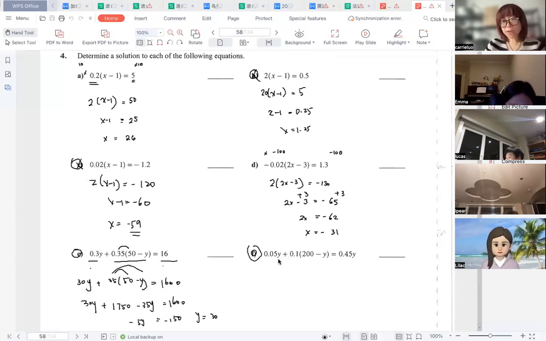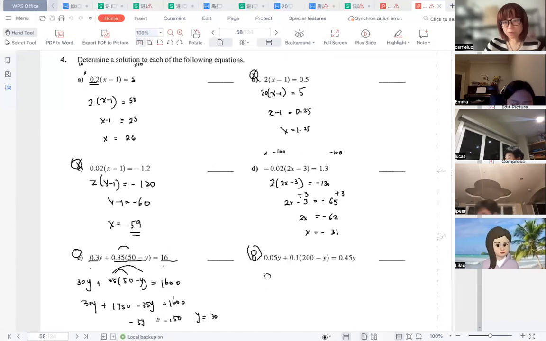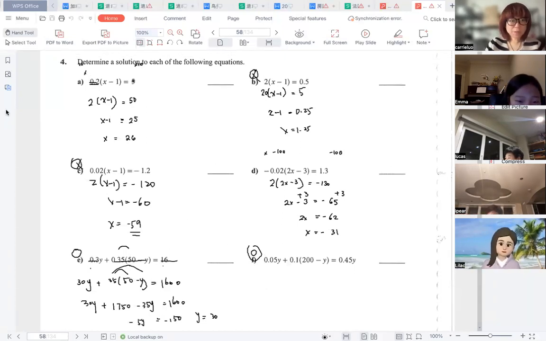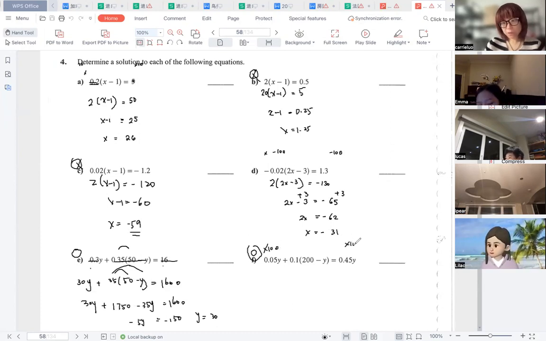我回来了, okay? So everybody, for this question, I'm going to times 100 for both left side and right side. So it's 5y plus 10, 200 minus y equals 45y. Lucas, 一定要按照老师这样做啊. With this process, you're not going to make any mistakes, 而且你的老师也不能扣你任何分.